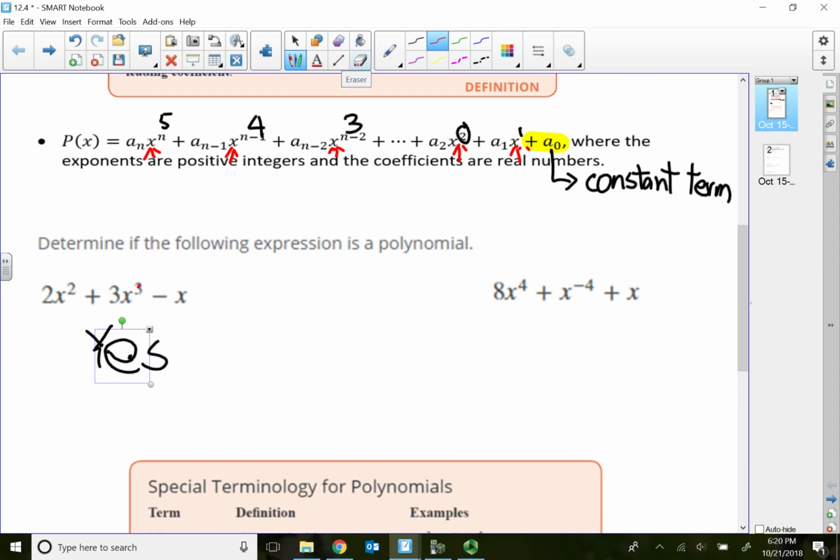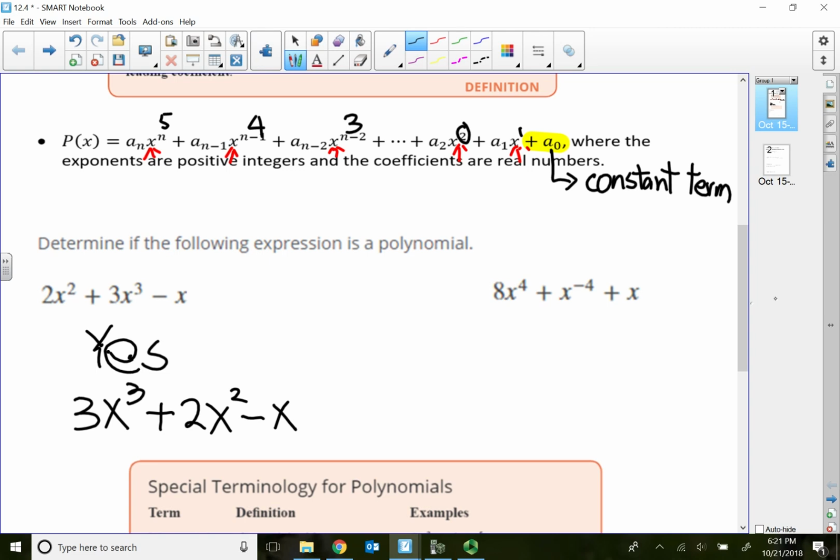Therefore, the term 3x to the third power has to be the leading term. That means that term should be the very first term of my polynomial. Because we write our polynomial in descending order of the exponents, the x squared term goes next. So it would be 3x to the third plus 2x squared minus x to the first power. That should be the order.